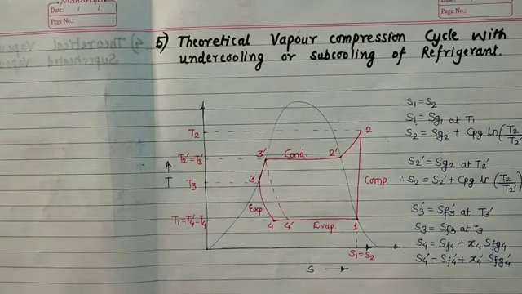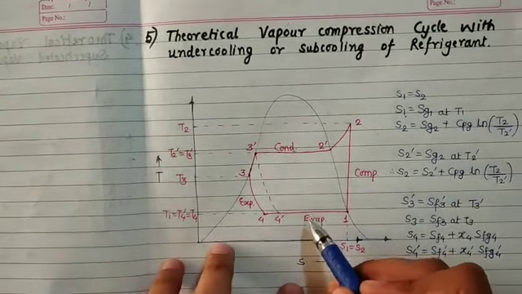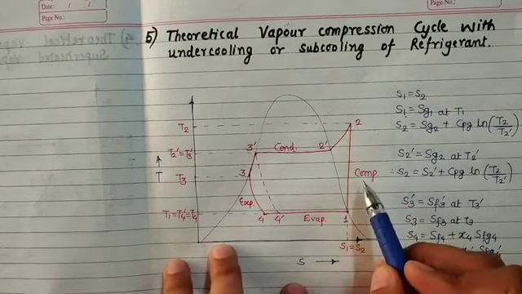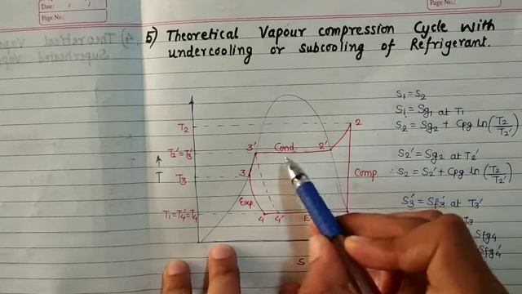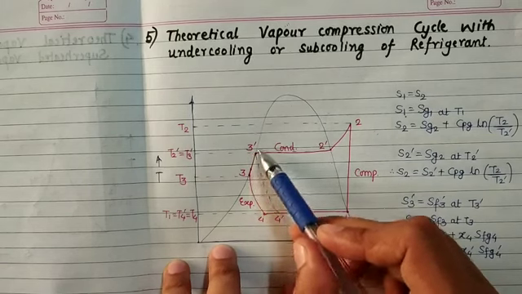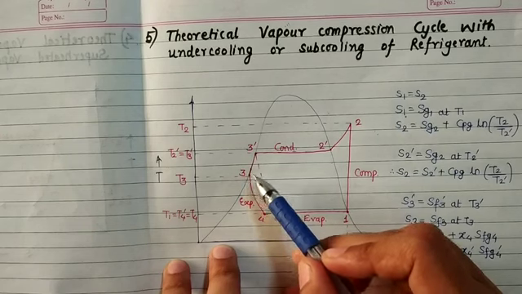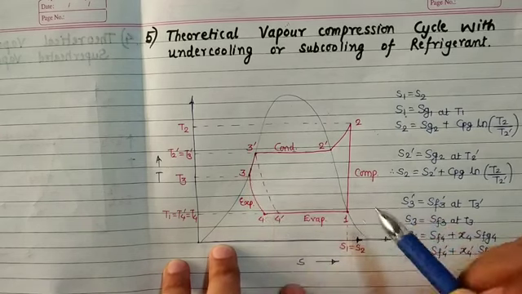For this condition, we have again represented all four processes: evaporation, followed by 1 to 2, isentropic compression, 2 to 2 dash is desuperheating, 2 dash to 3 dash is condensation, 3 dash to 3 is nothing but subcooling or temperature reduction, 3 to 4 is expansion.